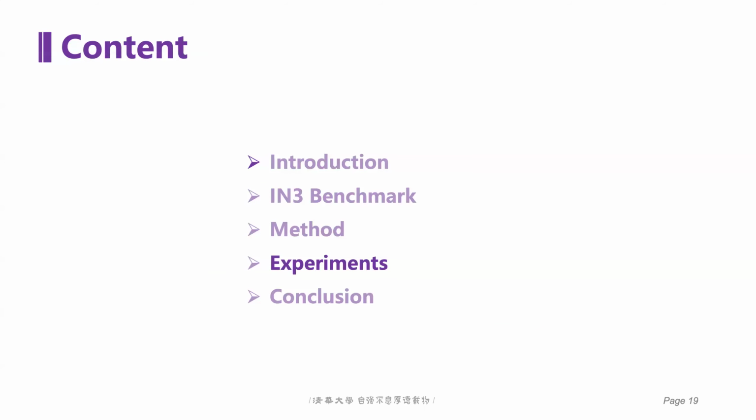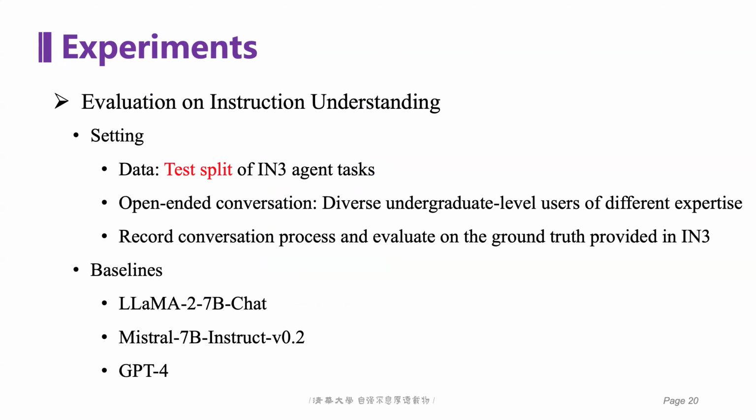So after training, we can finally conduct the experiments. We empirically trained the Mistral interact model, and we wanted it to be tested through two parts. Like what I previously said during the introduction, we want evaluation to be on both instruction understanding and instruction execution.